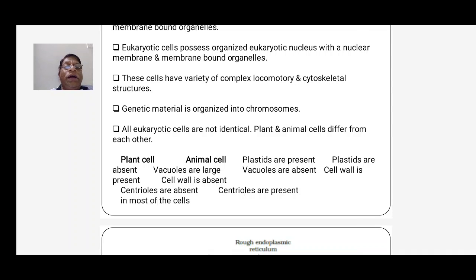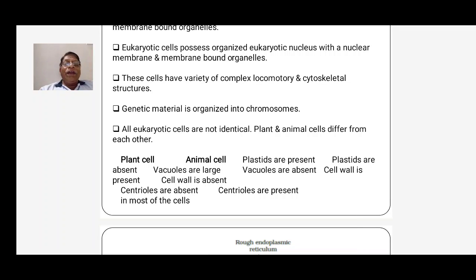The eukaryotic cells, in addition to these, have a variety of complex locomotory structures, and cytoskeletal structures are also present.